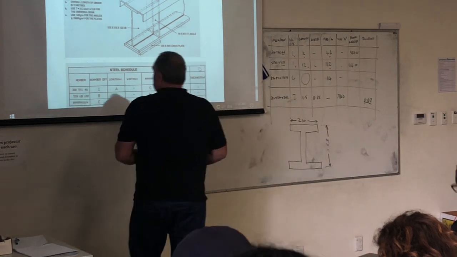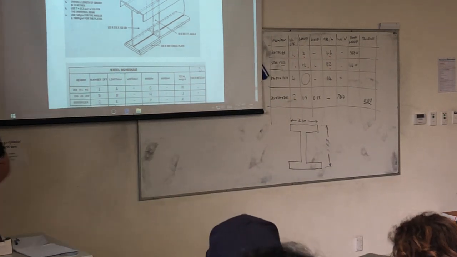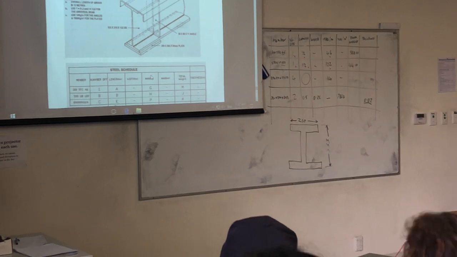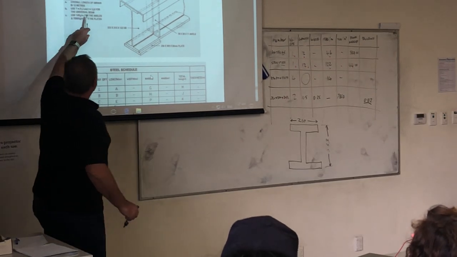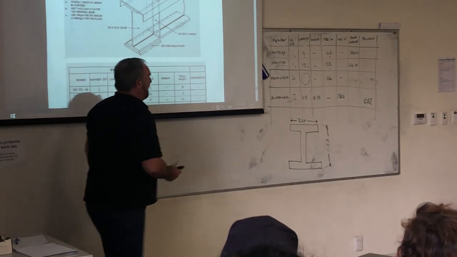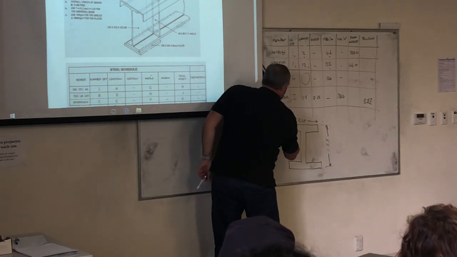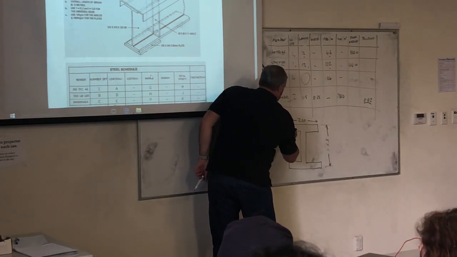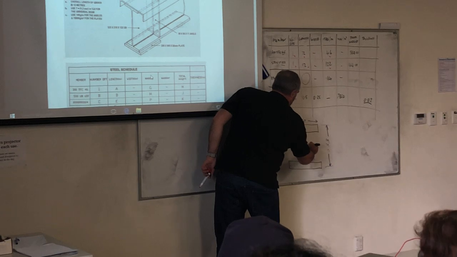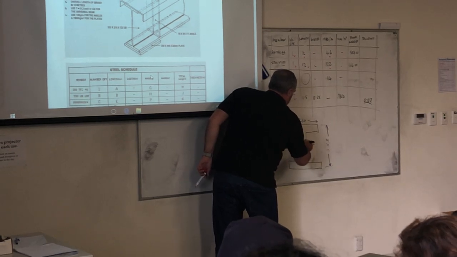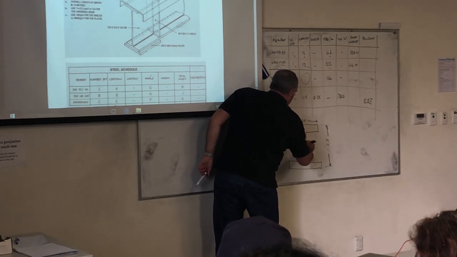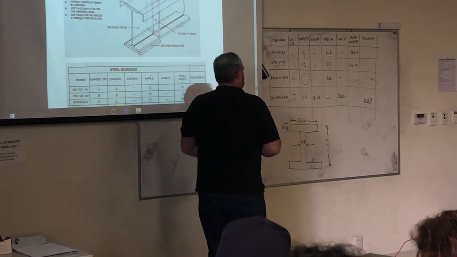And there are two other factors that we need to take into consideration, and they're in the corner here, 21.3 and 12.8. 21.3 is that, and the 12.8 is the skinny part in the middle. Flange and web.